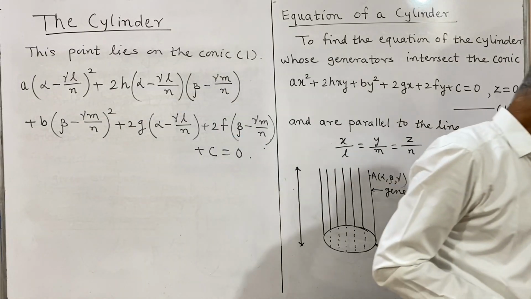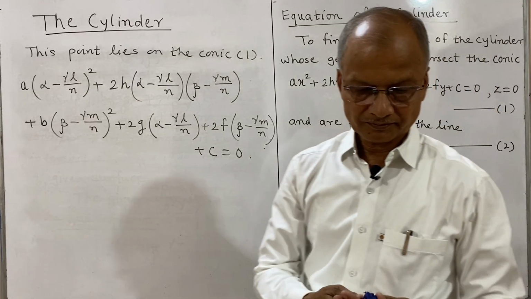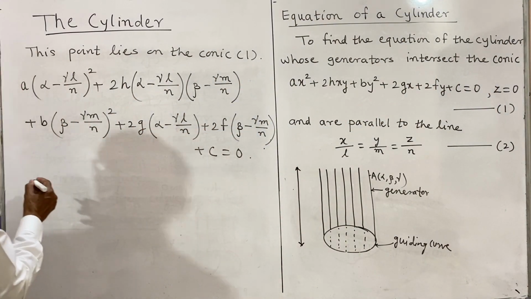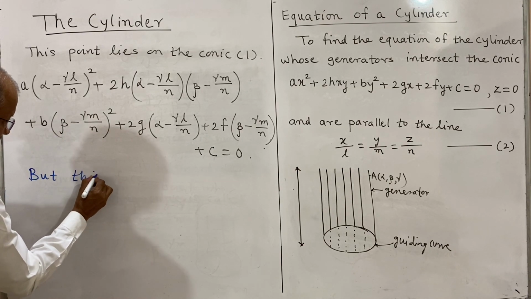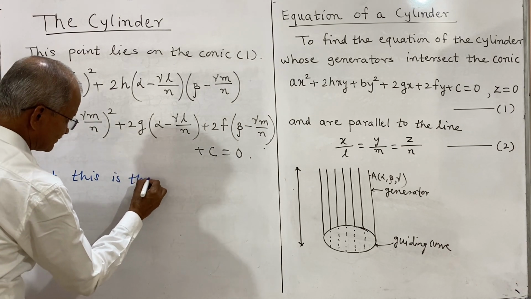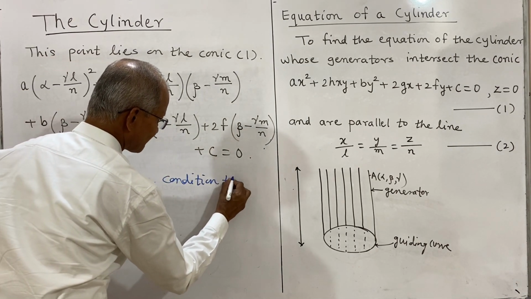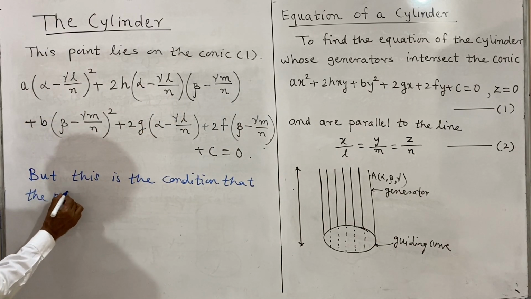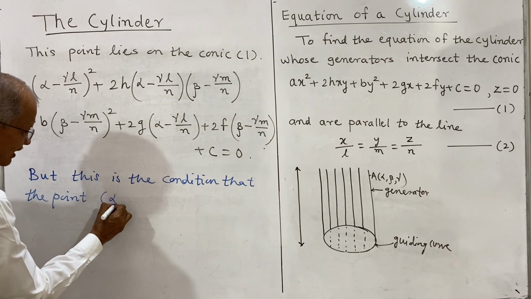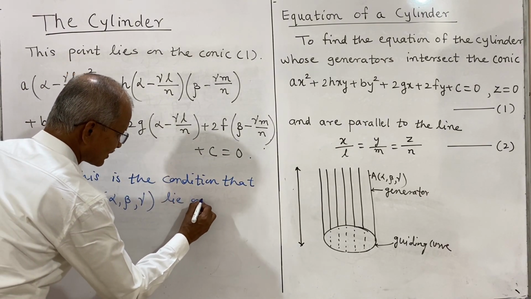So this is the condition that the point alpha beta gamma lies on the surface.